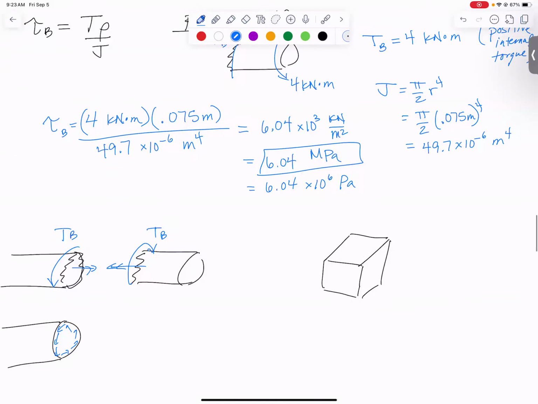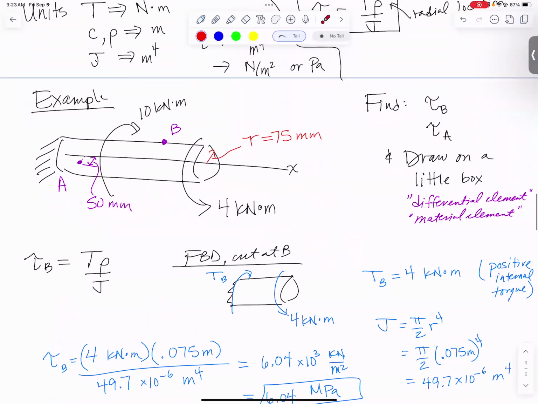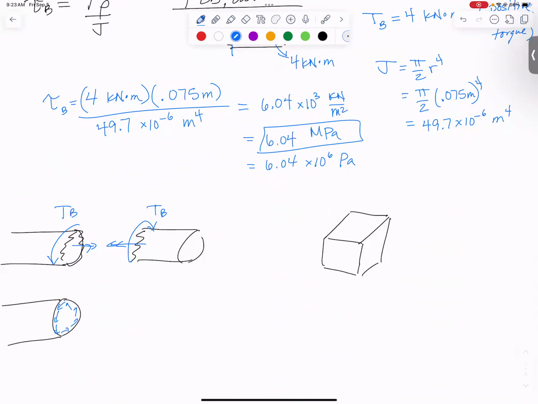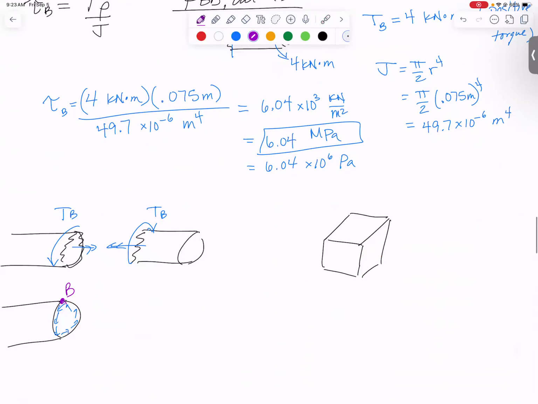And point B, where was point B? Point B was right on the top. Point B is right up here on the top. So can you see that if I'm looking at the visible face, the little arrow at point B is pointing this direction. So the visible face over here that matches the visible face right there is going to end up with a shear stress in that direction.